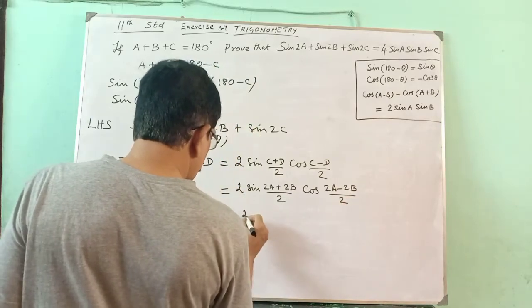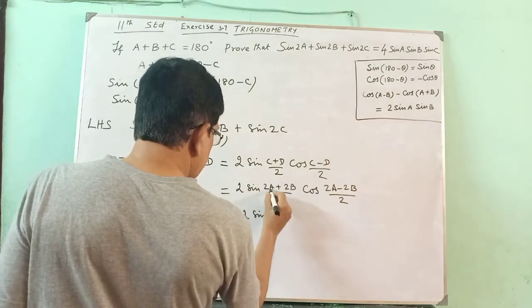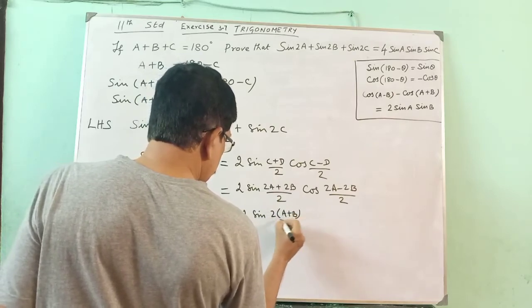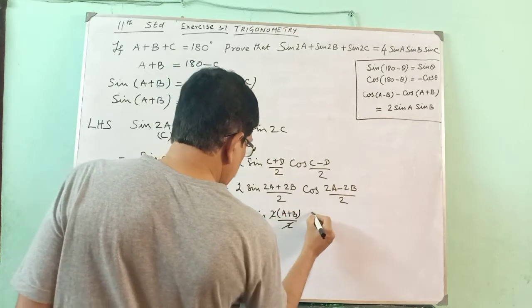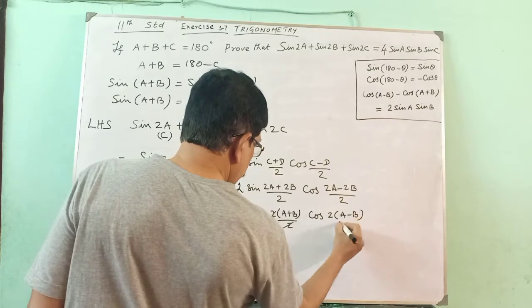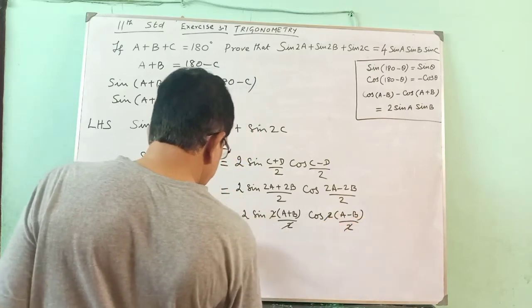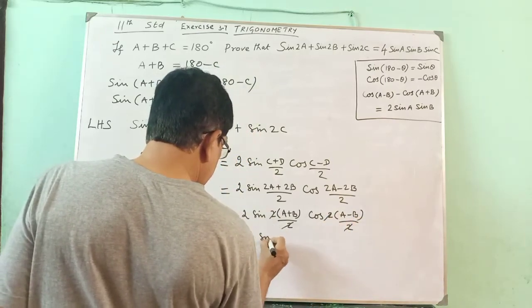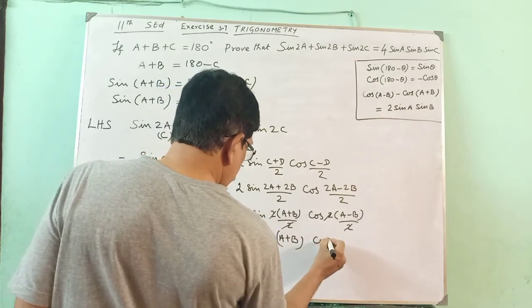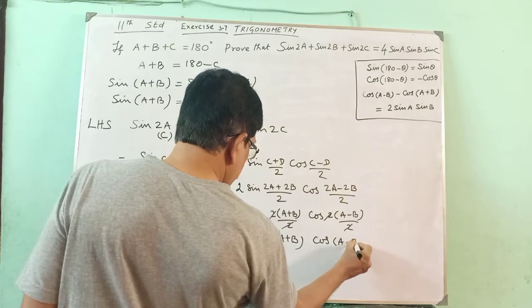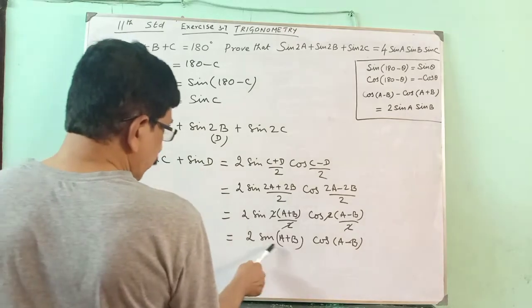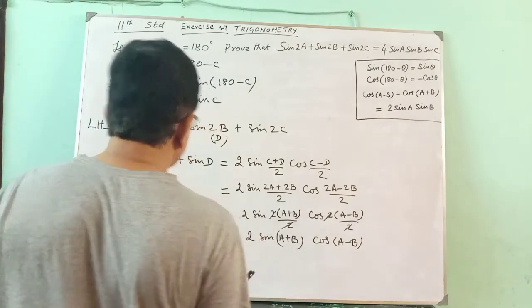Taking 2 as common, the 2s cancel, giving 2 sin(A plus B) cos(A minus B). So sin 2A plus sin 2B is 2 sin(A plus B) cos(A minus B).